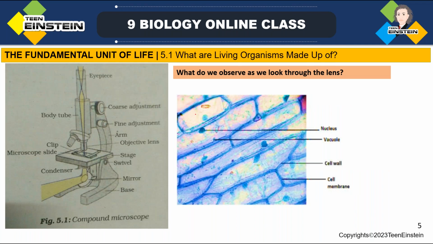Here under the microscope, we can observe compartment-like structures. Each structure is called a cell. Here in an onion peel you can see many cells, right?